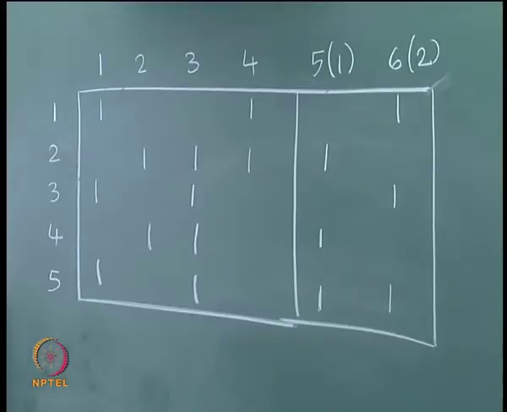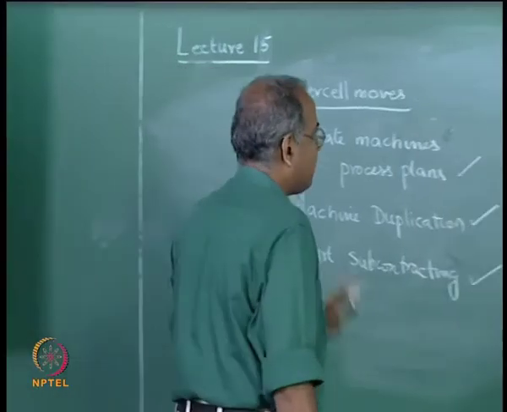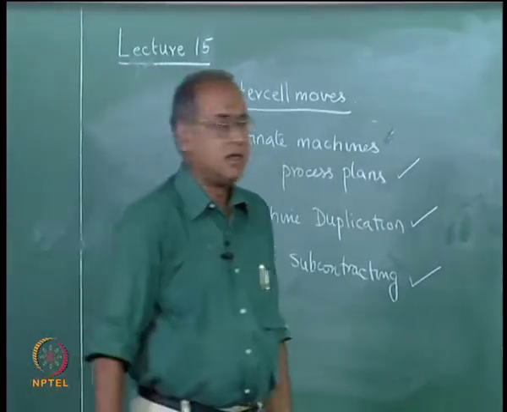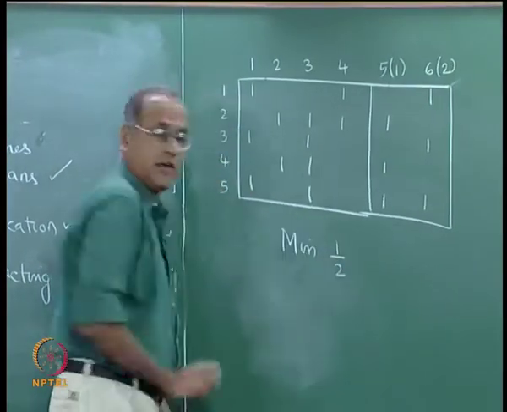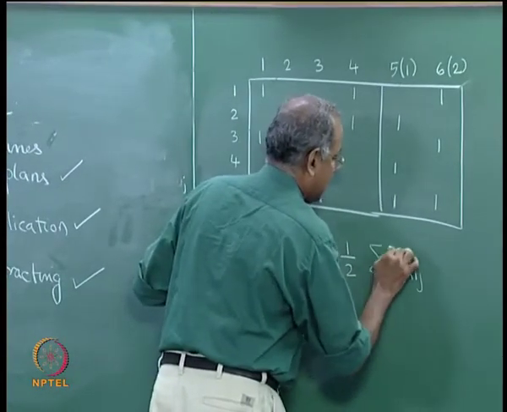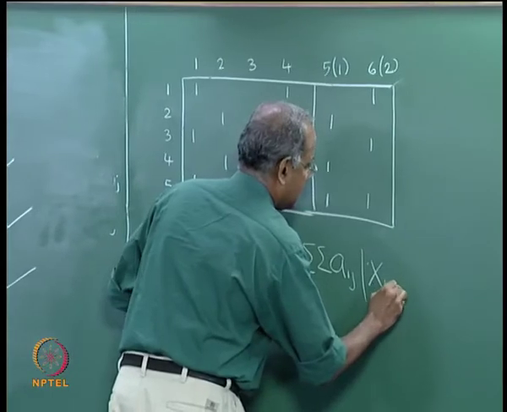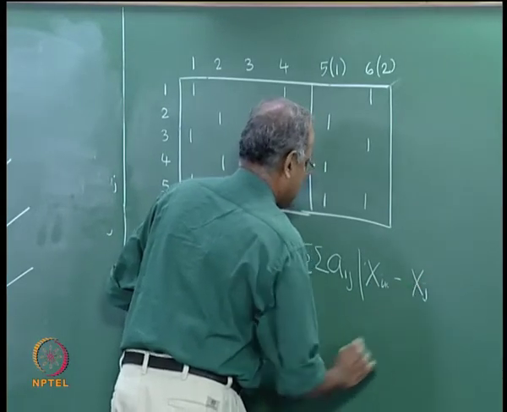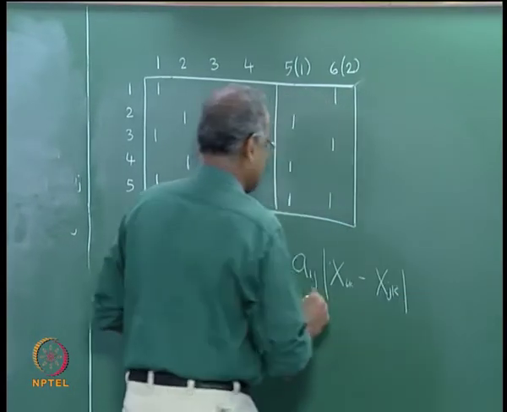Now, both the P median formulation as well as the Bochter's formulation can be modified to consider alternate process plans. Now, let us just modify the Bochter's formulation for this. So, the Bochter's formulation will minimize intercell moves, half into sigma Aij into x_ik minus x_jk.